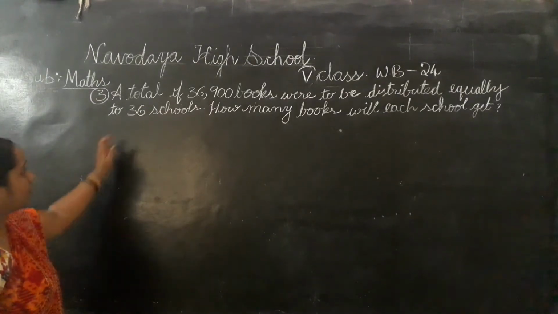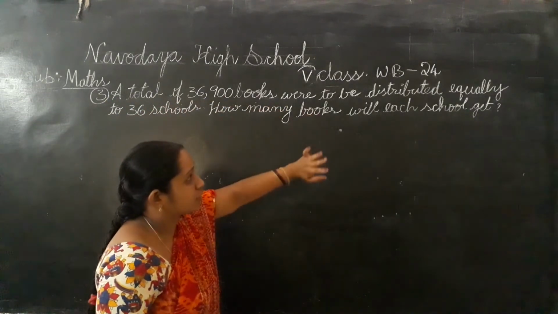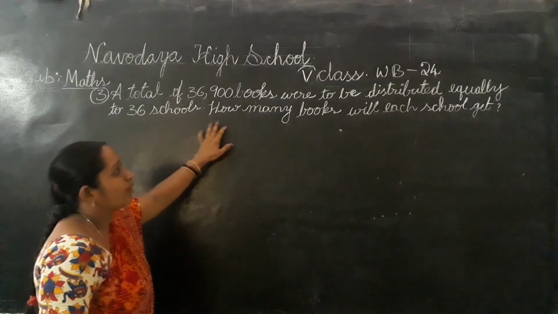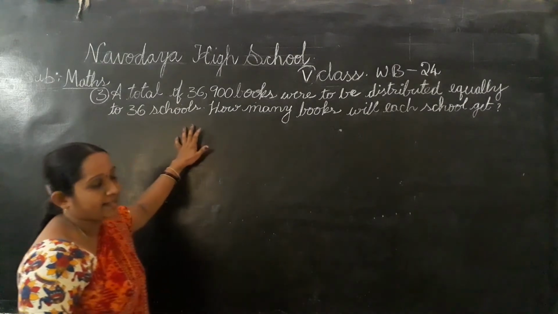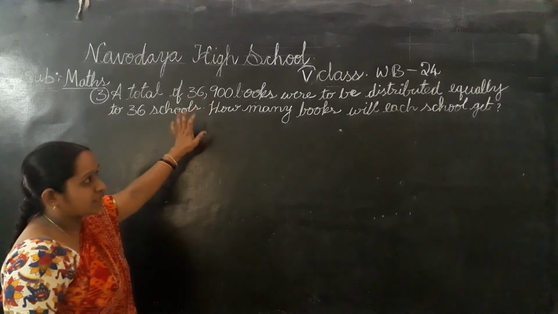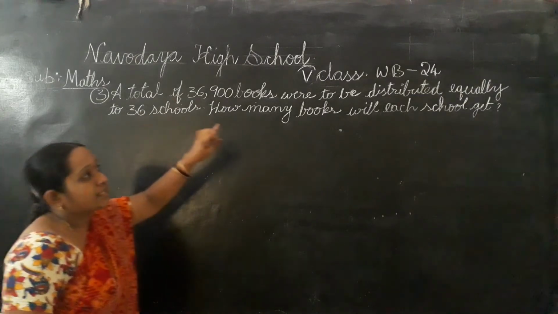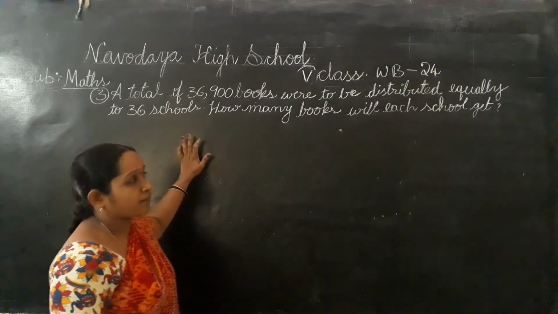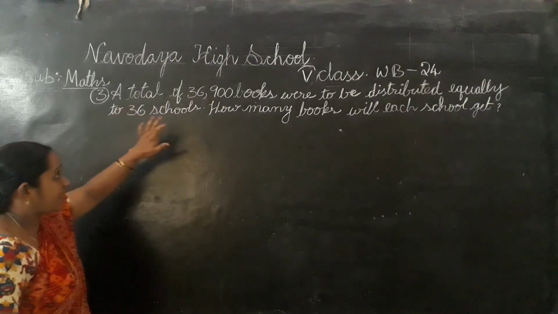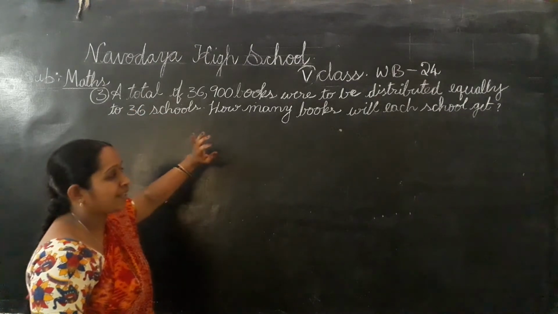Third one, children. A total of 36,900 books were to be distributed equally to 36 schools. How many books will each school get? How many books are there first? 36,900 books were distributed to how many schools? 36 schools. Distribution means division, children. So here we will do division. 36,900 divided by 36. Write the steps first.